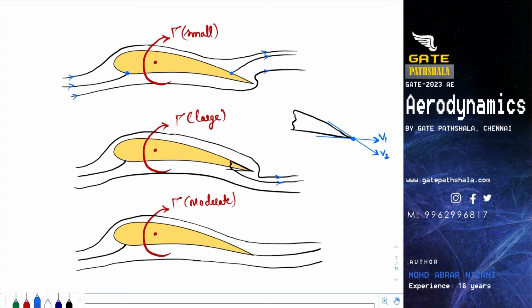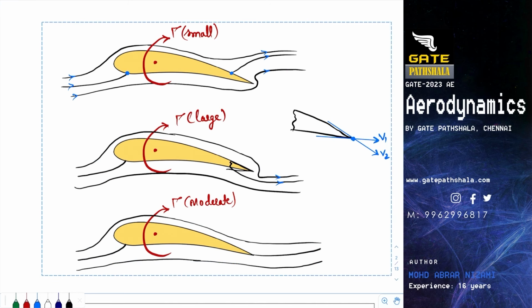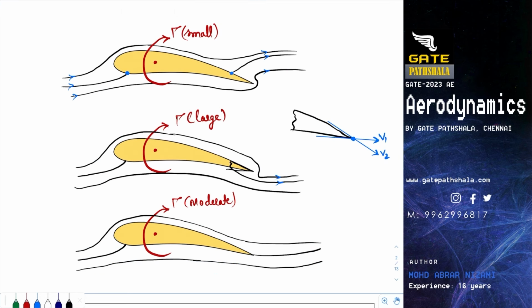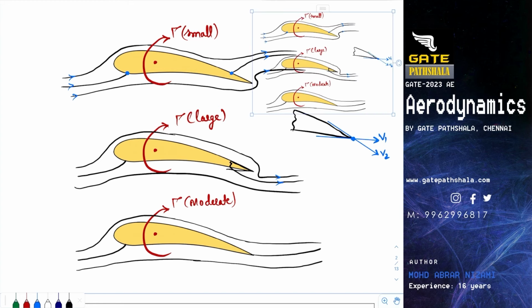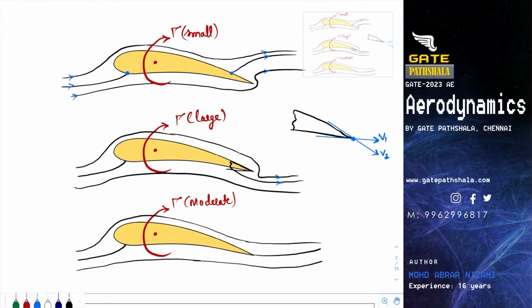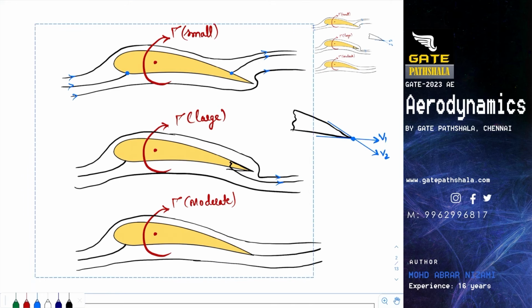So by applying Kutta condition, we avoid that also. Okay, so we get a simple understanding of what is Kutta condition. Okay, now let's put this whole story together into a small picture like this, and we'll do our other discussions on why further other things are required.